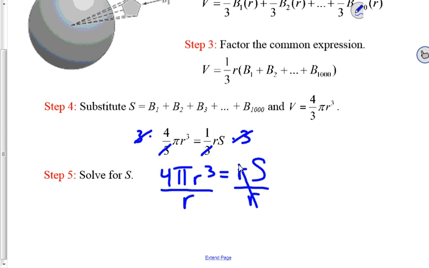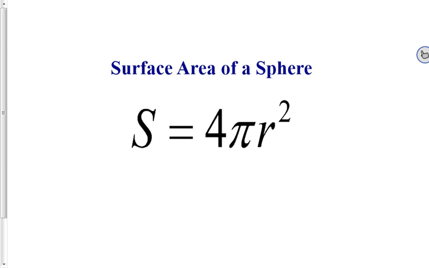And now we end up with the formula for surface area. 4 pi r squared. So we finally come to the conclusion that the surface area of a sphere is equal to 4 times pi times the radius squared.